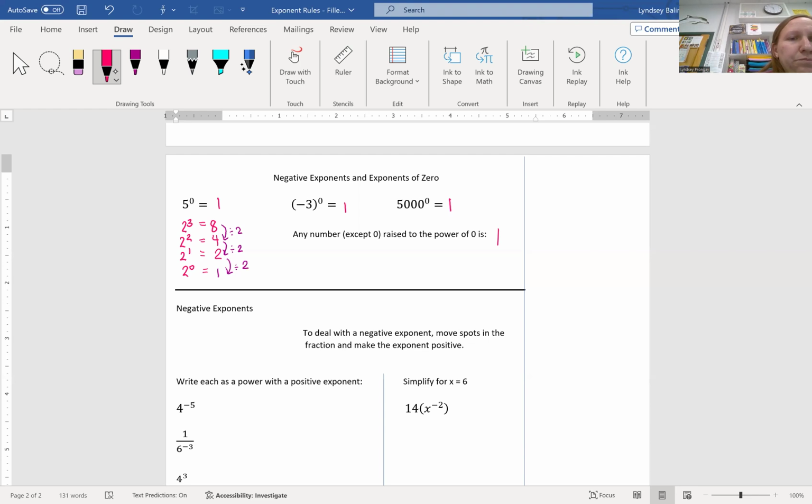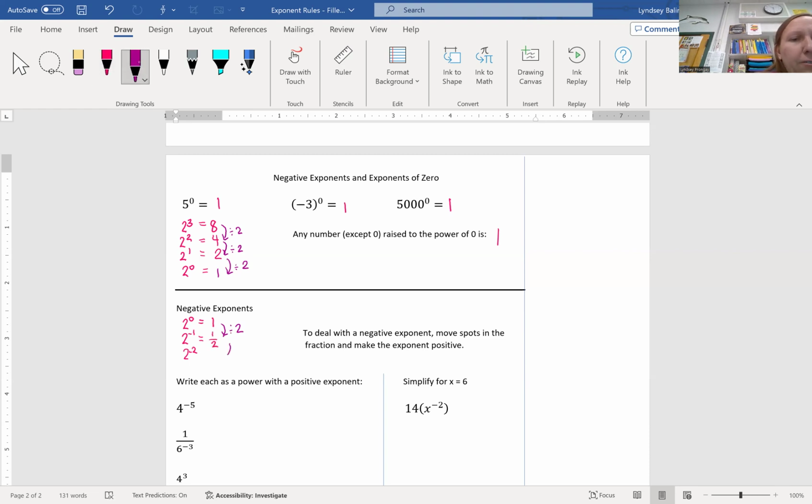To demonstrate, I'm going to take my 2s and extend them a little further here. So 2 to the power of 0, 2 to the power of negative 1, 2 to the power of negative 2. We already knew that 2 to the power of 0 was 1. If we continue that pattern down, dividing by 2, 1 divided by 2 is just 1/2.